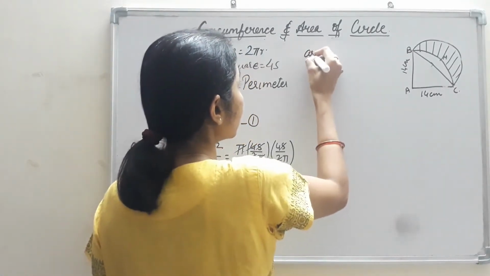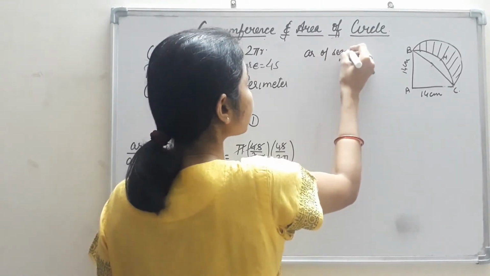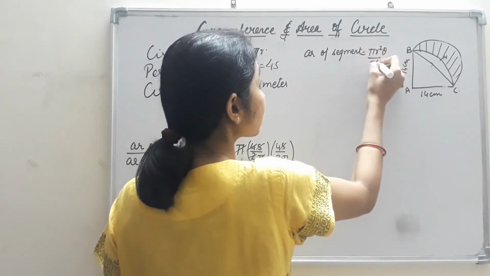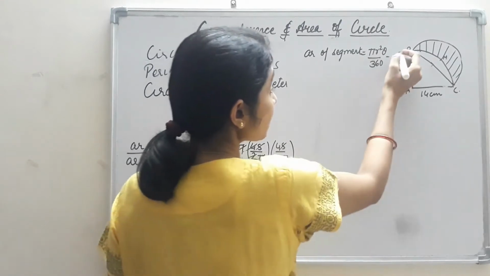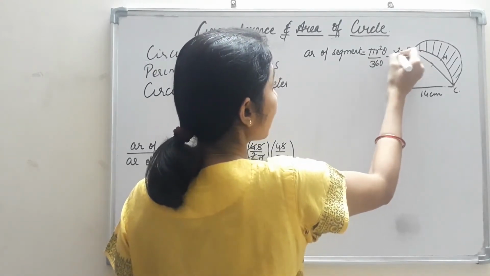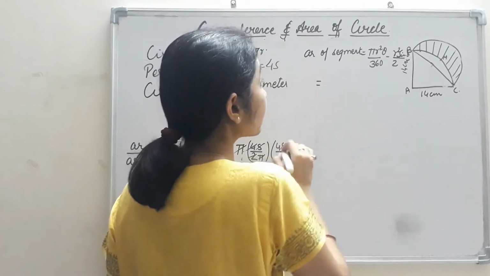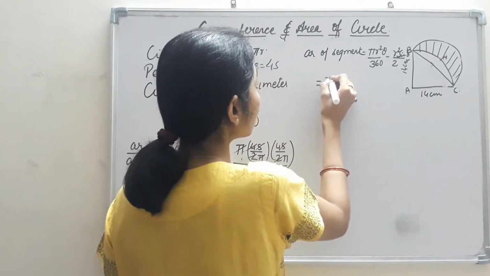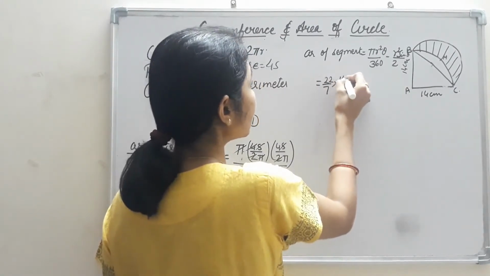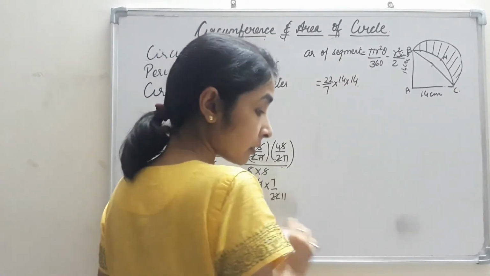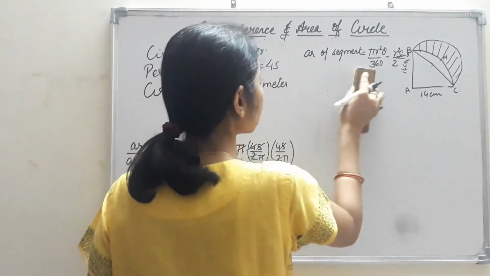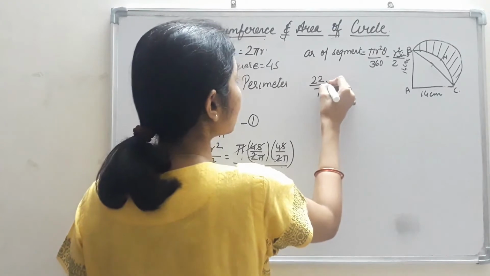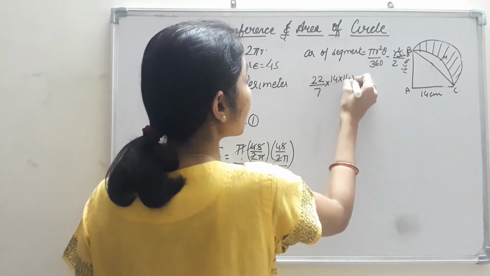Area of segment is equal to pi r square theta upon 360 minus r square sine theta upon 2. Now this is equal to pi r square, that means 22 upon 7 into 14 into 14 into theta.